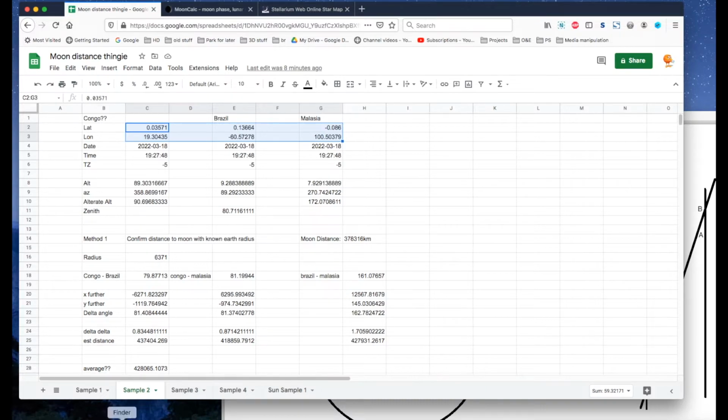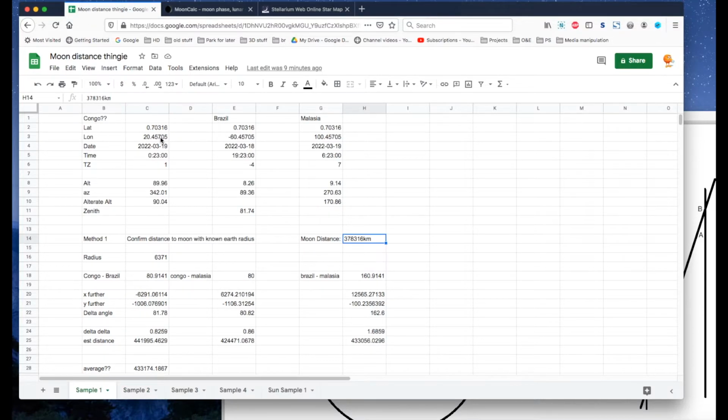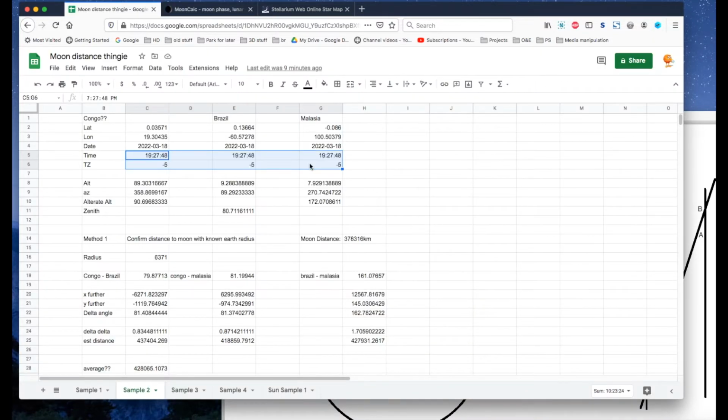So this time I switched over to Stellarium and I chose 3 similar geolocations. They're not exactly the same. You can see this one's 19.304. This one was 20.45. Stellarium uses your computer's local time, not the observer's local time, so all of these are expressed in my local time.